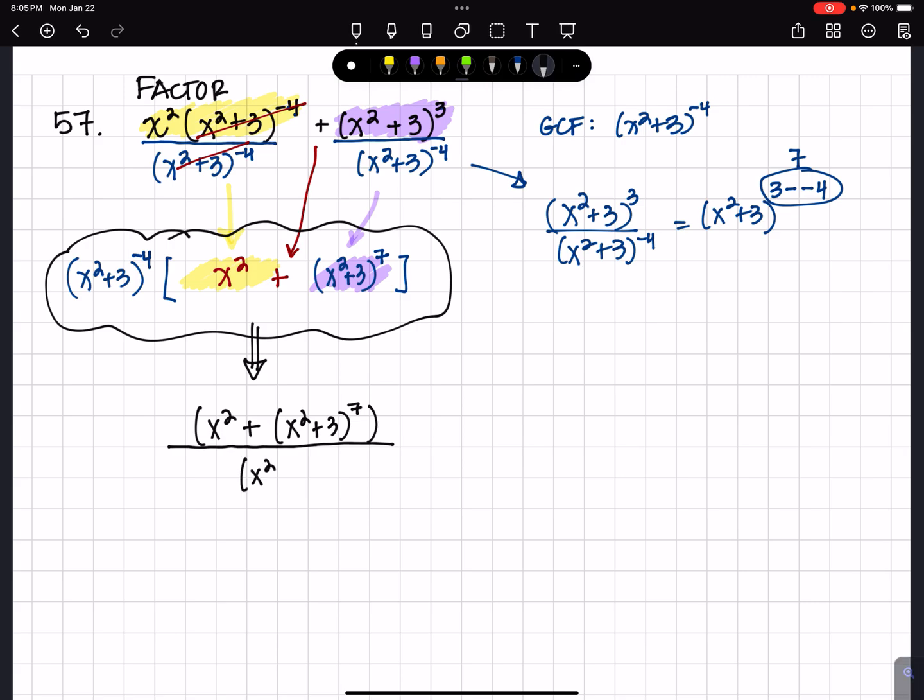So I'm going to have x squared plus 3 to the 4th power in the denominator. And I'm going to put that in a heart because that right there is probably the answer that you would find in a solutions manual.